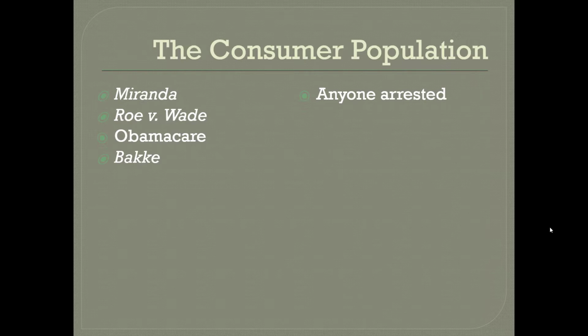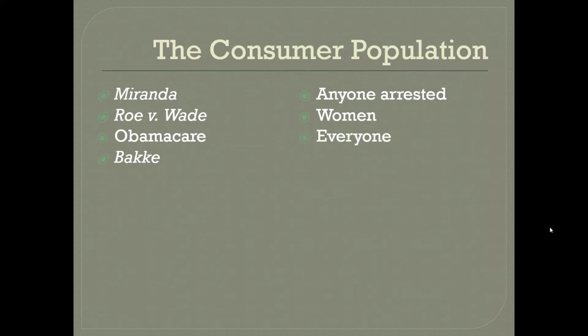How about Roe v. Wade, the decision that gave women the right to an abortion? Well, of course, women, all women, except perhaps women who are past childbearing years, but most women would be part of the consumer population of Roe v. Wade. How about Obamacare, where the court upheld the constitutionality of the individual mandate?